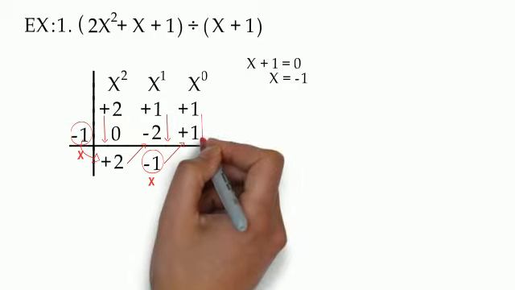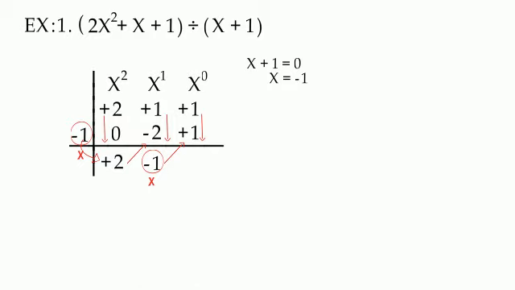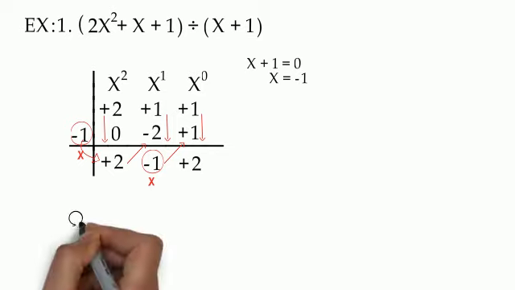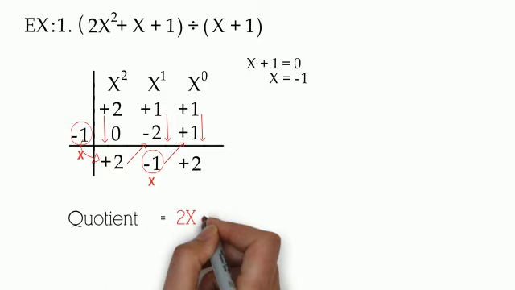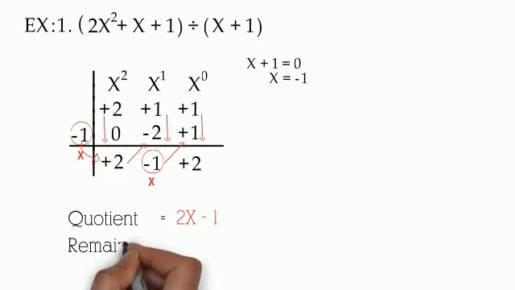Then we add both of them and write as +2. Now we will have the quotient as 2x minus 1 and remainder as +2. Last term is the remainder and first two terms are the coefficients of quotient. Always the degree is 1 less than the dividend.